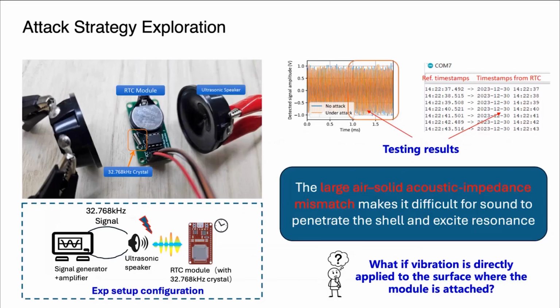But this had no effect on timing, and the magnetic probe measurements showed no waveform change. We later realized that ultrasound can hardly penetrate the crystal's sealed metal casing from the air due to the large acoustic impedance mismatch.